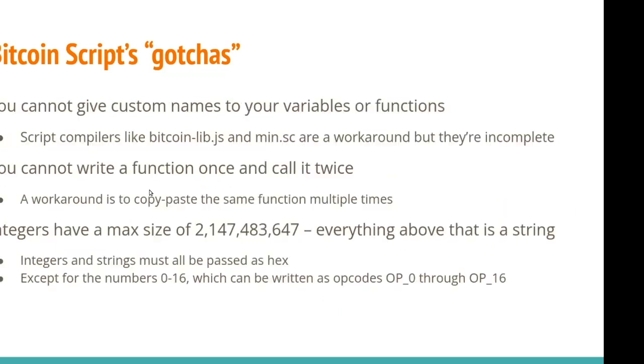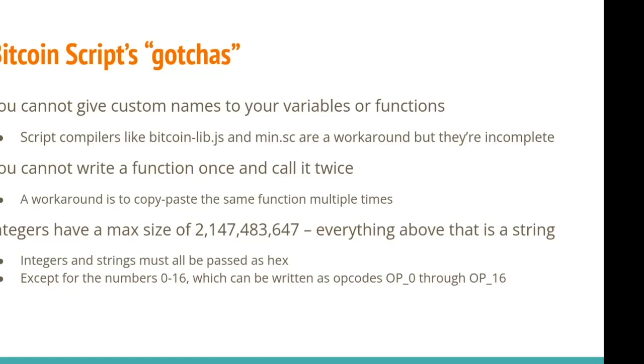Another thing you can't do with Bitcoin is write a function once and call it twice. So if you do a coin flip function and you want to have 5 coin flips, you've got to copy paste your code 5 times. You've got to write that function of 100 lines or whatever, and then copy paste it wherever you want to do it. In a normal programming language, you could write it once and then call the coin flip function 5 times later on, and that would be more efficient.